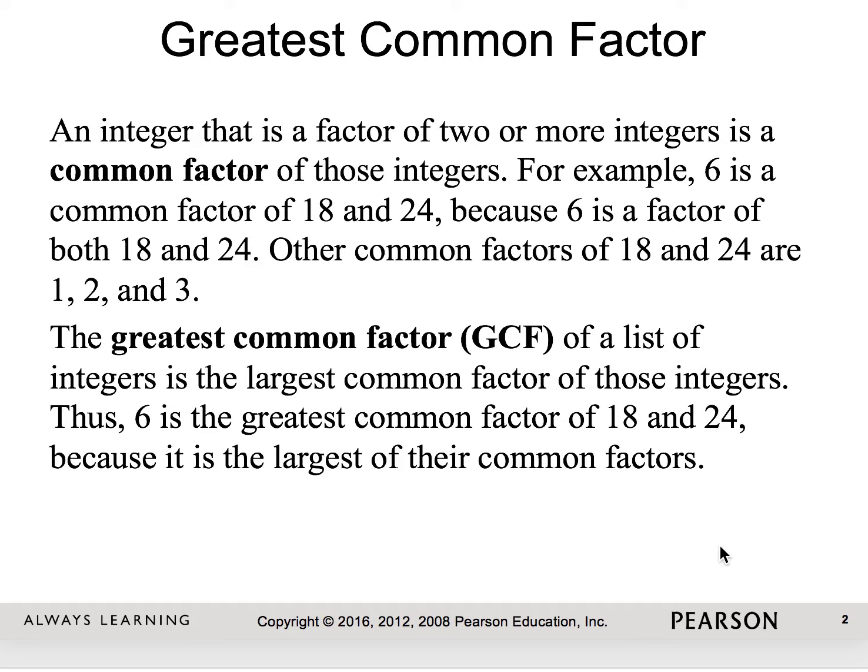The greatest common factor, though, GCF, that's going to be important to us, is the biggest of all of those common factors. So 6 is the greatest common factor of 18 and 24 because it's the largest of all the common factors. No other number divides evenly into both 18 and also 24.